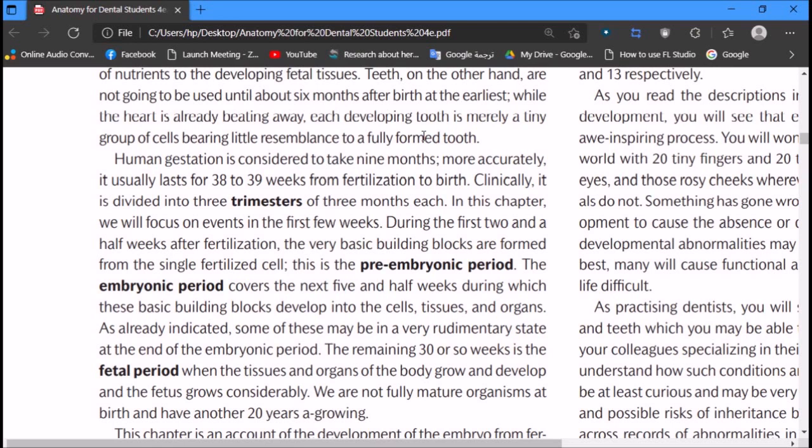Tissues are aggregates of cells, usually comprising several different cell types.